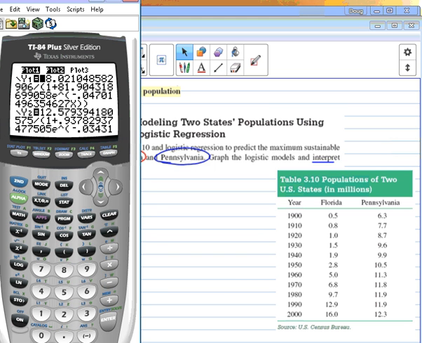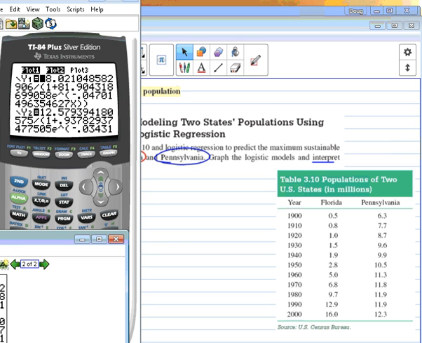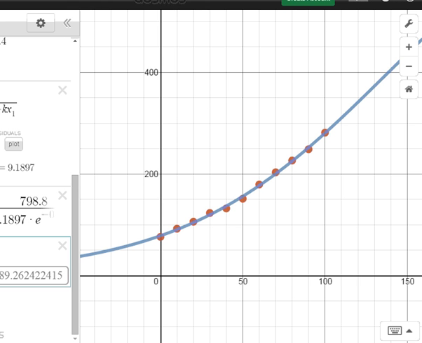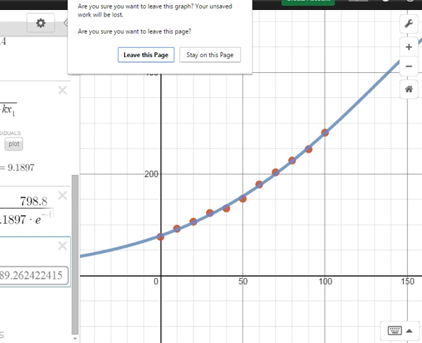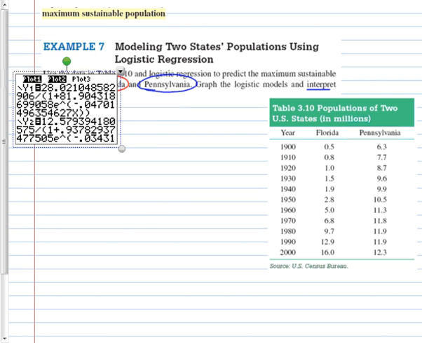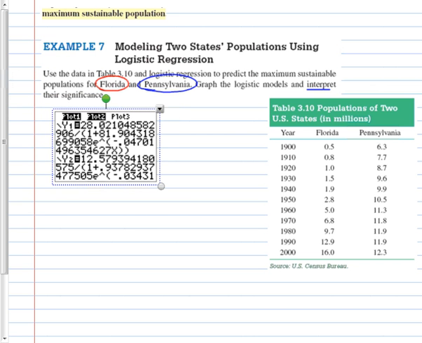Now, if I just capture this screen for just a moment. Oh, wrong one. Let's get rid of that. Leave this page. There we go. I capture that screen and paste it in here. Remember, this was Florida. This was Pennsylvania.